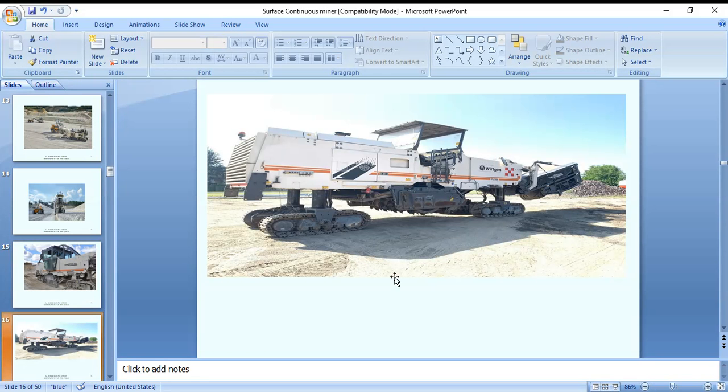Yes, this is a surface miner view in idle condition. While moving from one place to another, they can lift the drum upward, because unnecessary working areas and non-working areas should not be cut, so there is a lifting mechanism.